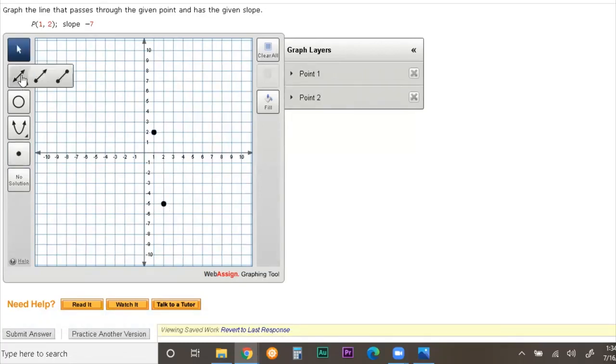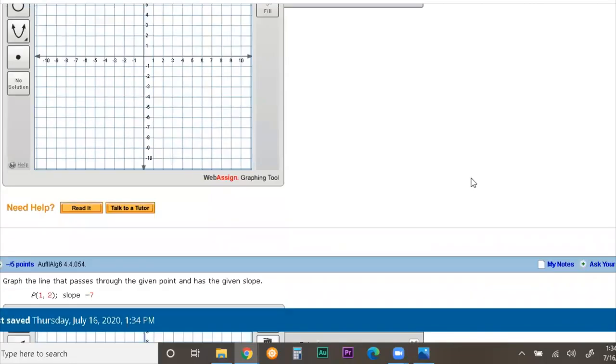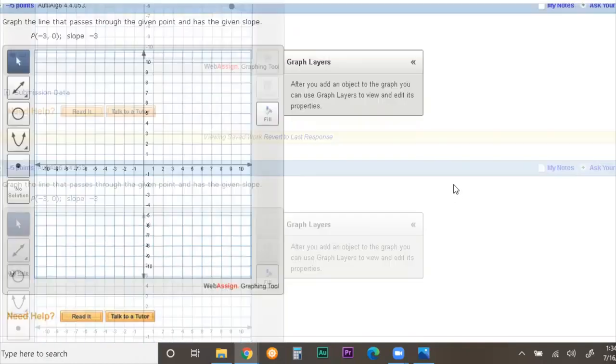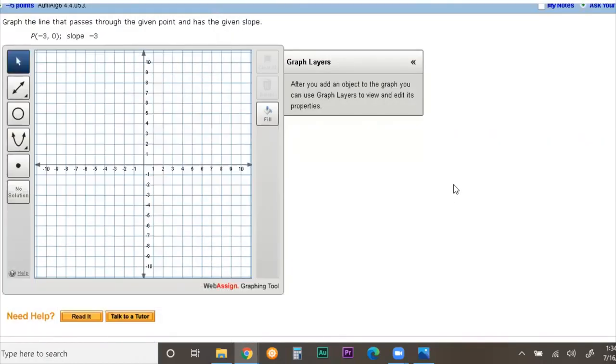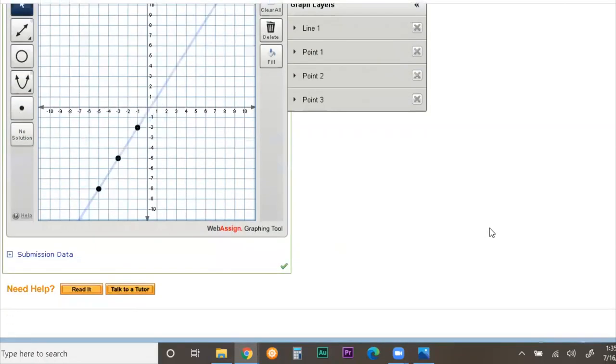Click on our double-ended arrow and connect the line just like that, y'all. So these are super easy. You guys shouldn't be having problems with these. The only issue should have been maybe how to use the WebAssign graphing system. But even with some trial and error, you can figure that out as well.